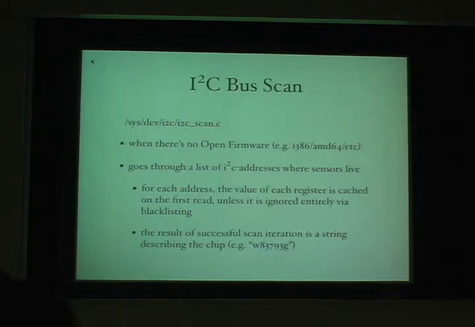Unless this register is ignored entirely, we get blacklisted. For example, some chips are known to freeze the whole system if you access certain registers, and to guard against that, there is a blacklist of those chips. The result of a successful scan iteration is a string describing the chip. For example, for some Winbond chip, the string can be W83792G.